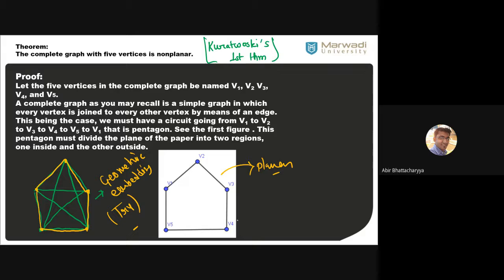But still, we'll try to connect all the inside edges. All the inside edges remain here. We'll try to connect them in such a manner that there will be no edge crossover.